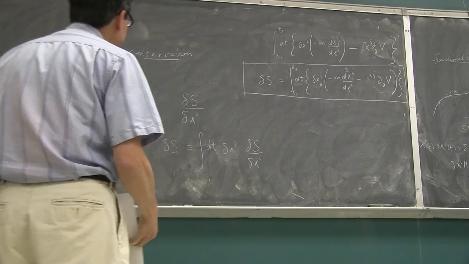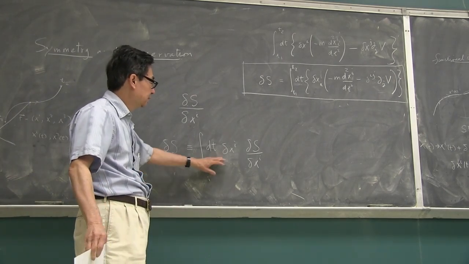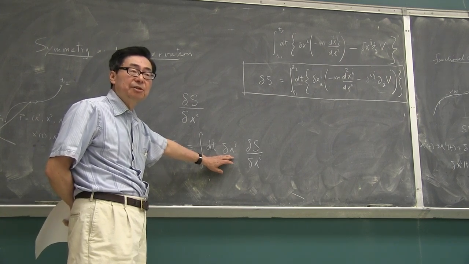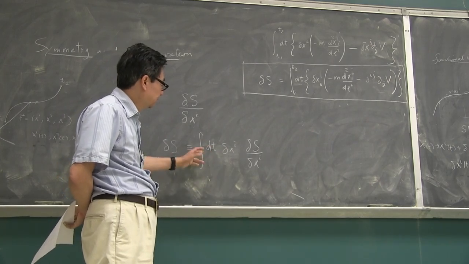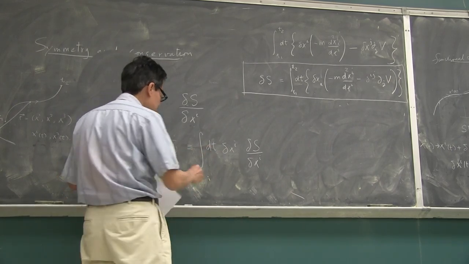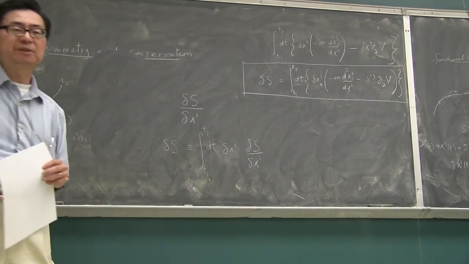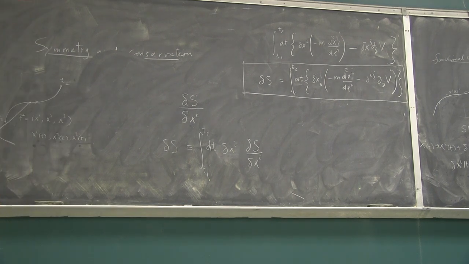The functional derivative ds dxi is defined by this expression here. Obviously, we want it to be proportional to the first variation of the path, okay? But then the classical action is supposed to be integrated over, so we retain this integral sign in here. It's a little bit different from how you define the ordinary derivative. Actually, quite a bit different. But in any case, you define it like this.